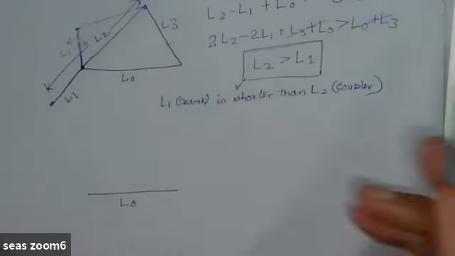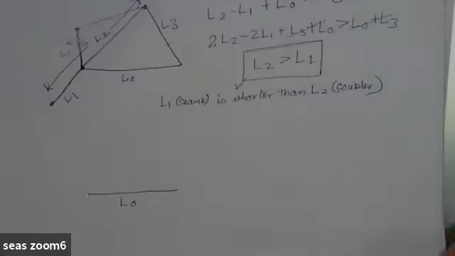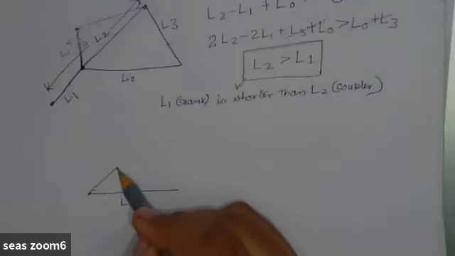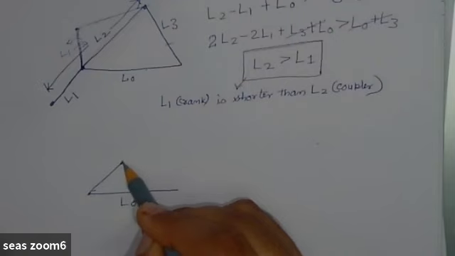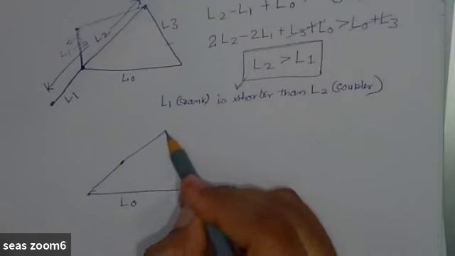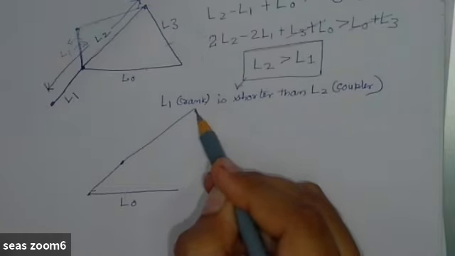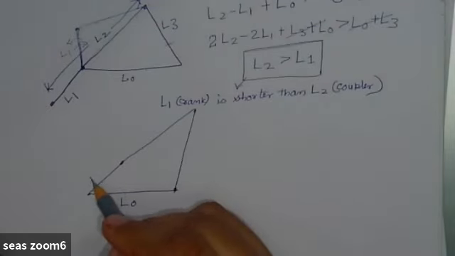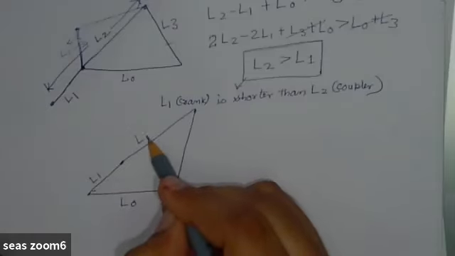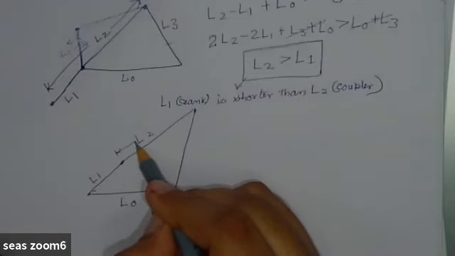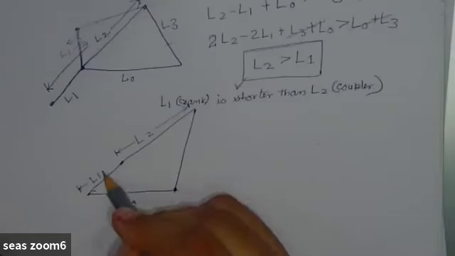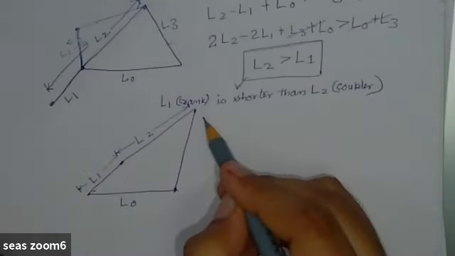So when we rotate L1 in this direction, we can make another diagram which is like this. So this is L1, this is L2, and this is L3.